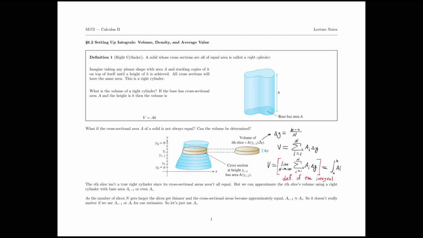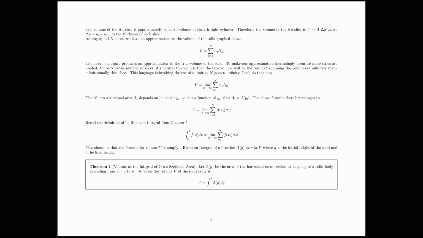In general, this will vary, so it's a function of y with respect to y. So volume, V, is the integral of the cross-sectional area. And essentially, that's exactly what we worked through, and that is our theorem here. So to find the volume, we will integrate the cross-sectional area.